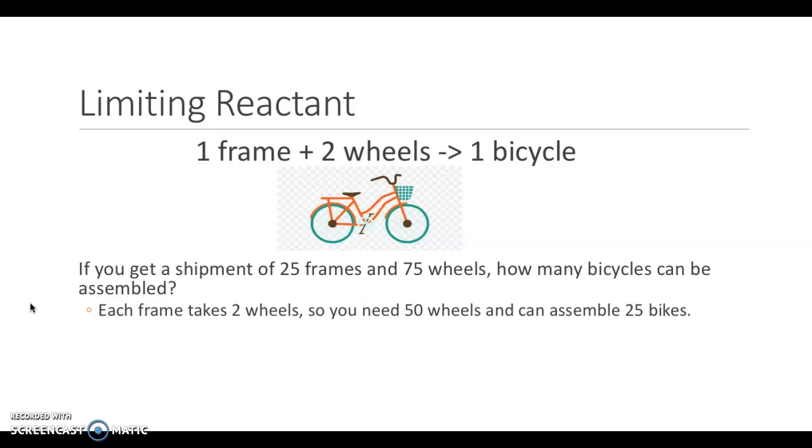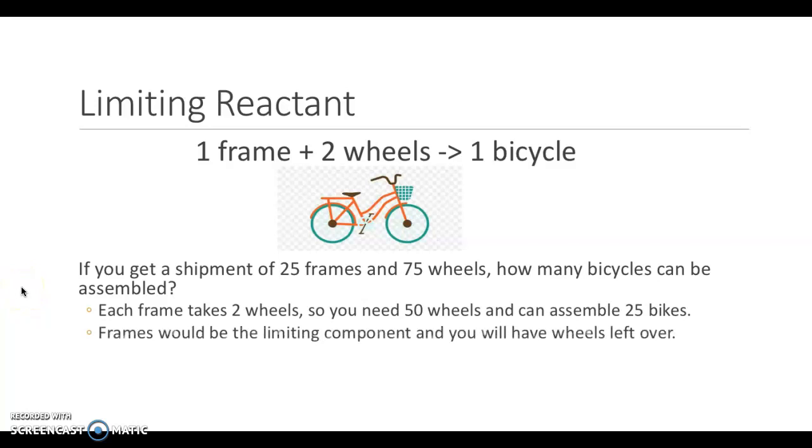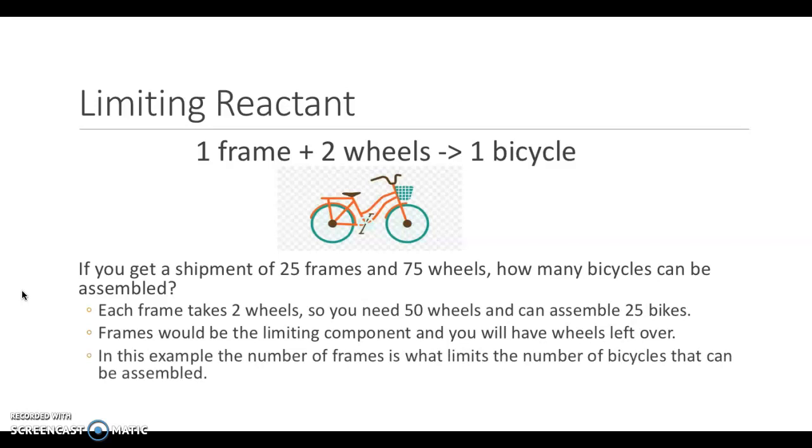By using 50 of the wheels, we can assemble 25 bikes, but we've used all of the frames, so we wouldn't have any more frames and we can't assemble any more bikes. The number of frames would be the limiting component in our shipment, and we'll have wheels left over. This is a practical example of a limiting reactant problem. It's the number of frames that limits the number of bikes that can be built.